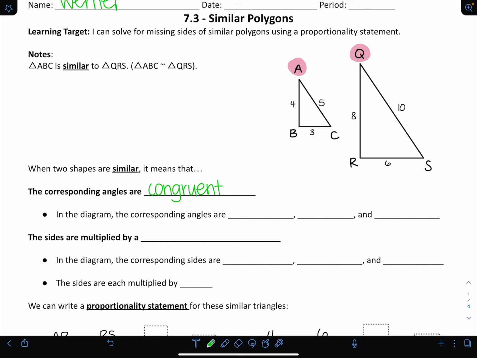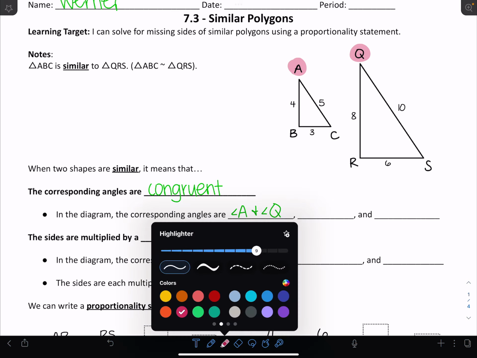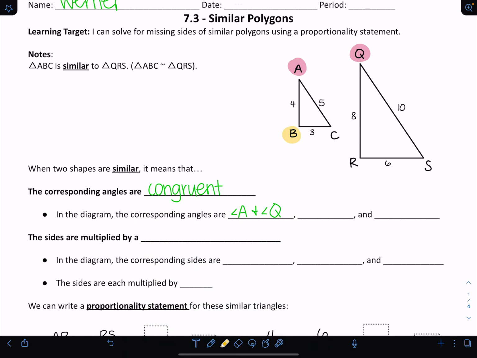So we can write corresponding angles are angle A and angle Q. Hopefully the other ones jump out at you. B down here and R down here, I lined them up the same way on purpose to make it really easy. So angle B and angle R are corresponding. And then the last one would be this guy over here, angle C and angle S.